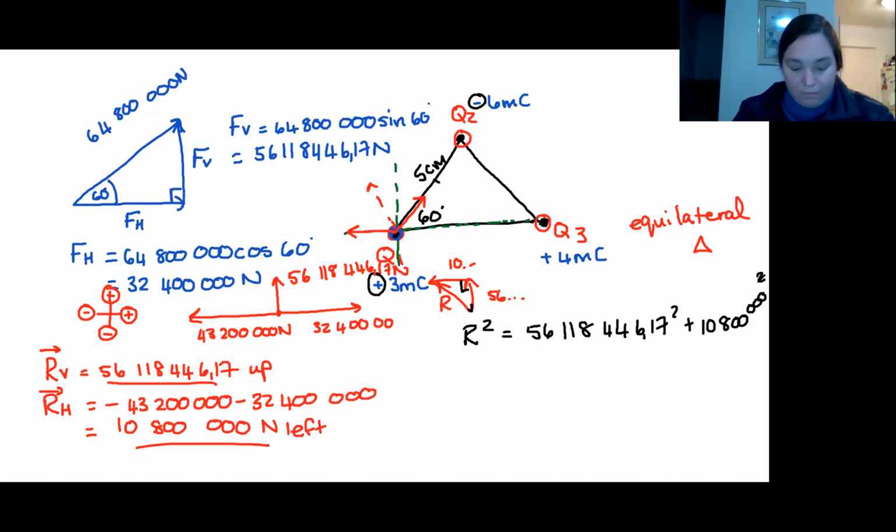I wish these were bank balance numbers. They're very nice and big. Then we square root the answer, and I get that the resultant is 5.618, so I'm going to make it 5.61 times 10 to the 10 newtons.